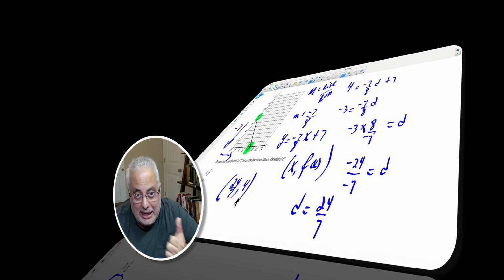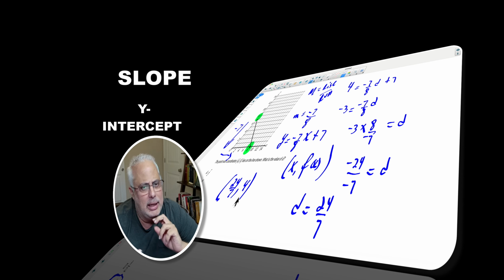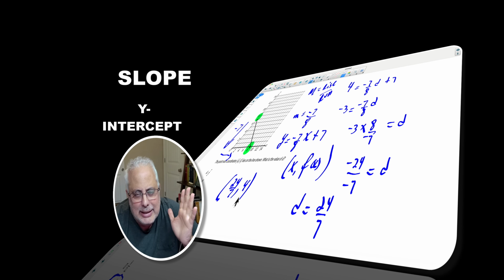So you have your line, and all the players that come with a linear function come to play. Slope, y-intercept, x-intercept, rise over run, y equals mx plus b. Everything is coming to play. What is missing here? What is the player that you need to be right there from the very first minute of the game?